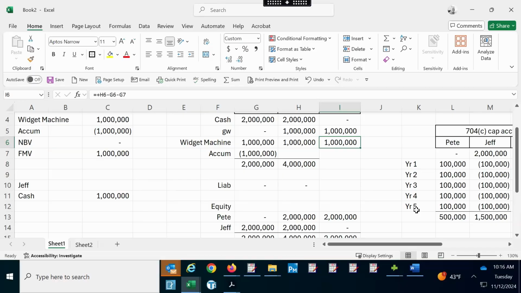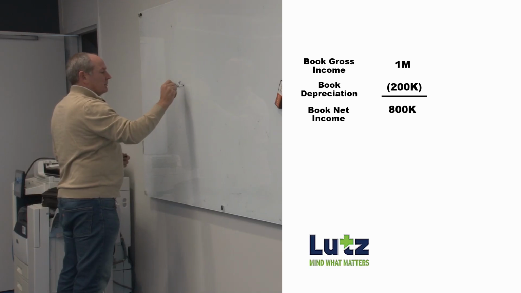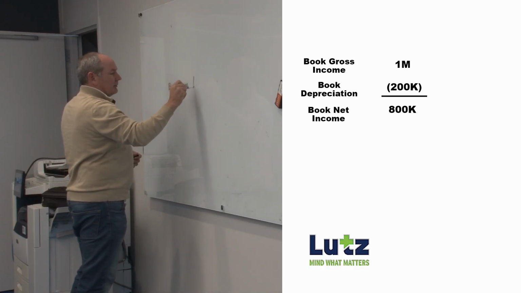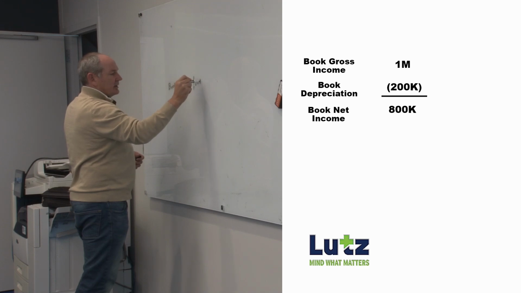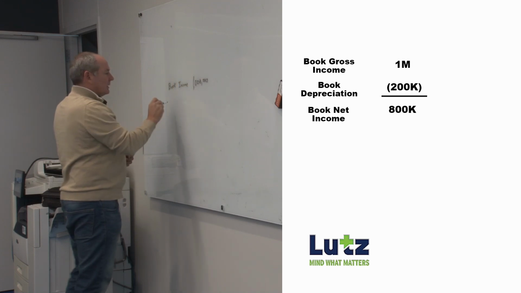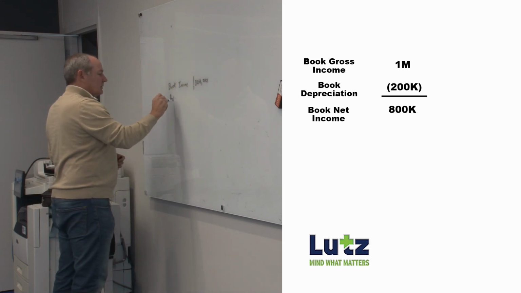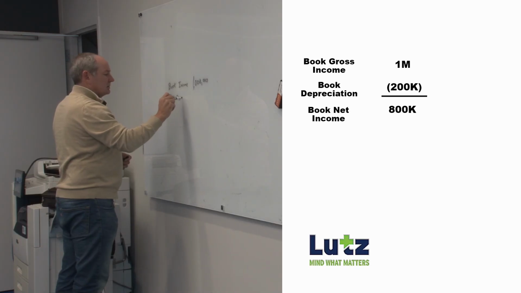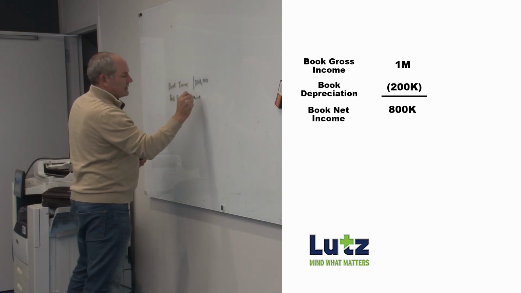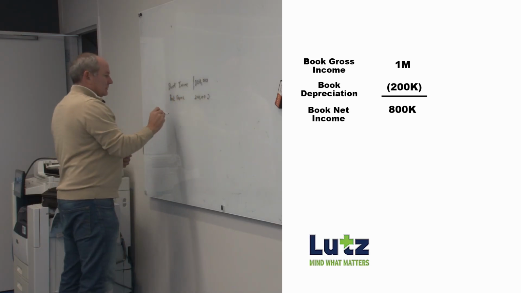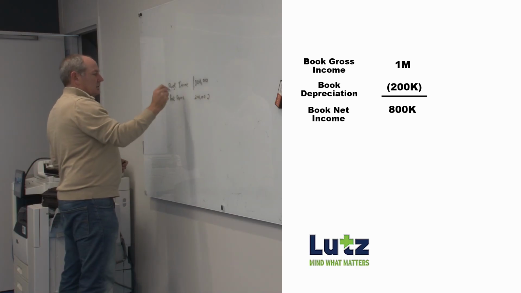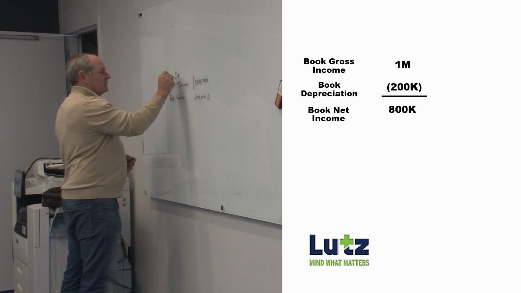Okay, so I'm going to say I have book income of $100,000 or $1 million. I have book depreciation of $200,000. I have book gross income.